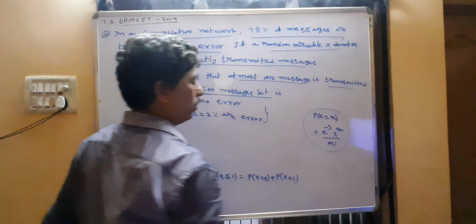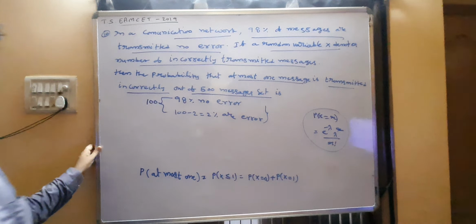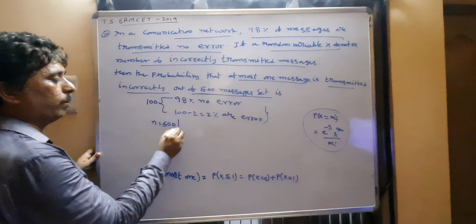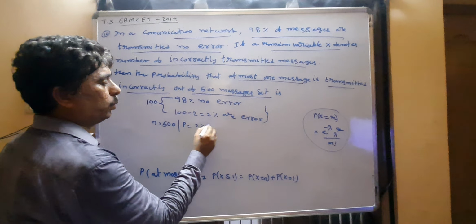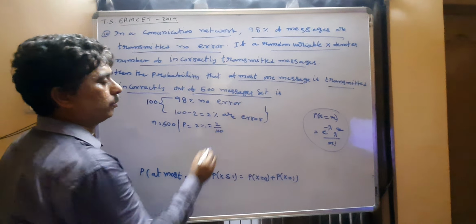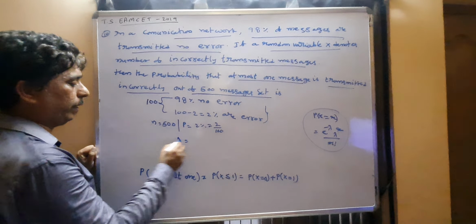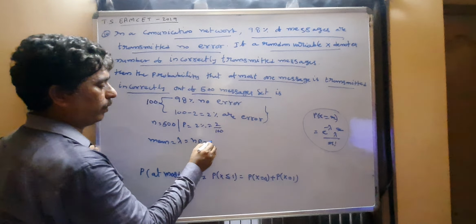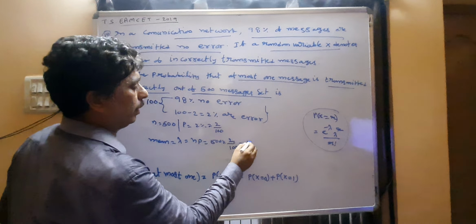Now lambda is the mean. n is the number of messages, 500. p is the error probability, 2 by 100. Lambda equals the mean np, that is 500 into 2 by 100, which is 10.